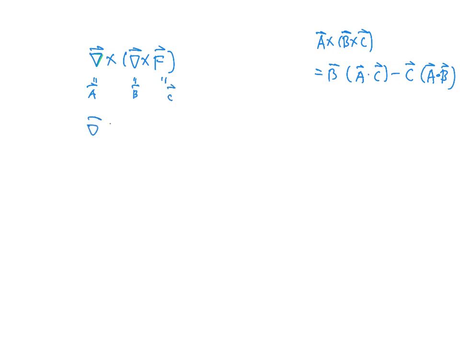So curl of curl F is actually del over del dot F. So actually C has to come this way.